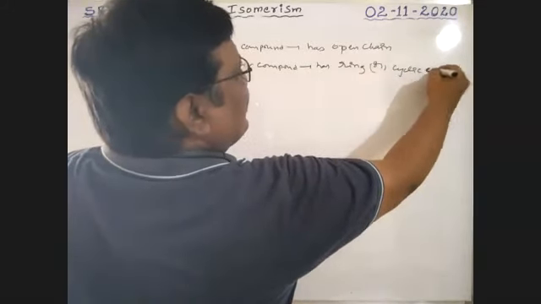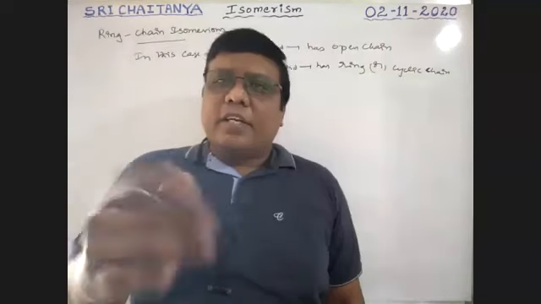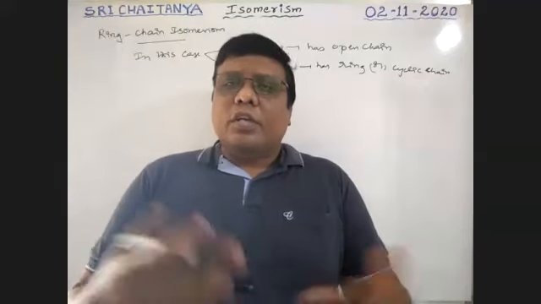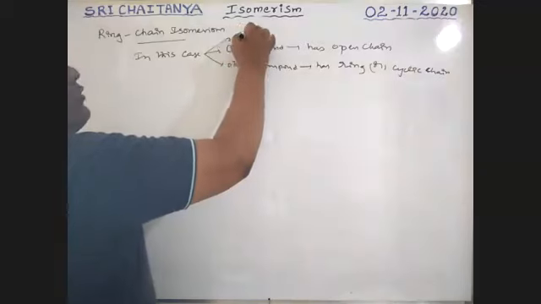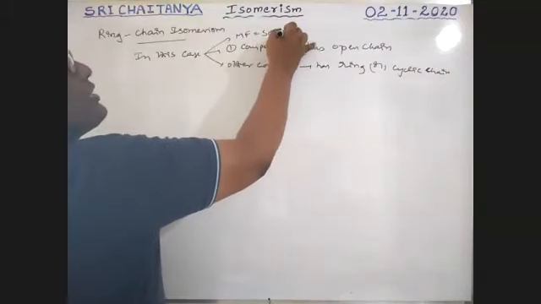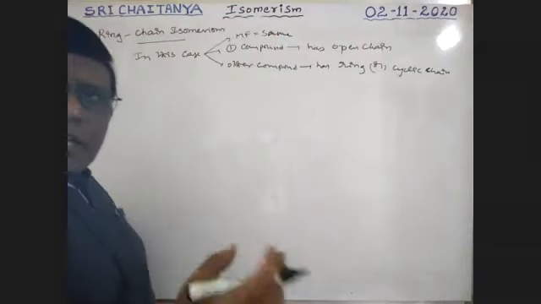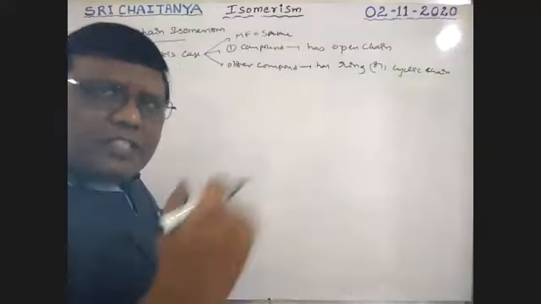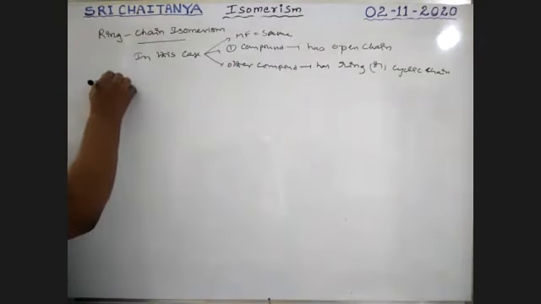Open chain is converted into cyclic chain, and cyclic is converted into open chain. So ring compounds are converted into open chain compounds and open chain into ring compounds. But the molecular formula is the same. Here also the molecular formula is the same, otherwise these are not considered isomerism. Molecular formula same, but one compound has an open chain structure and another has a ring structure, and that concept is called ring chain isomerism.